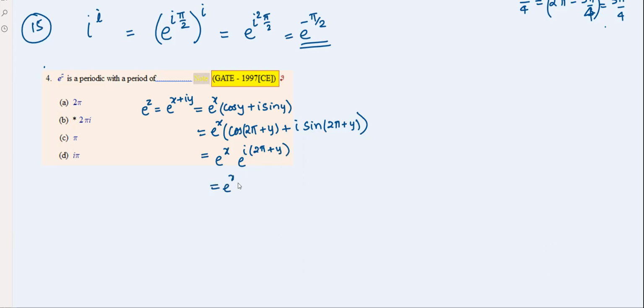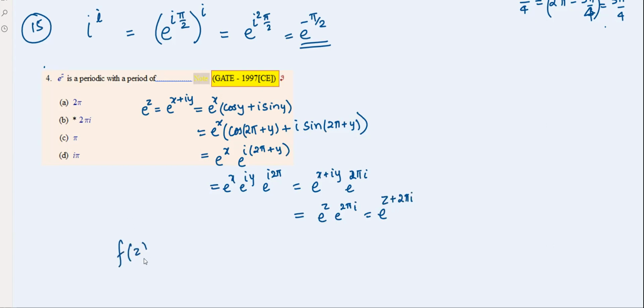This is e power x into e power iy into e power i 2 pi. So you get e power x plus iy plus 2 pi i. So this is e power z into e power 2 pi i, which is e power z plus 2 pi i.